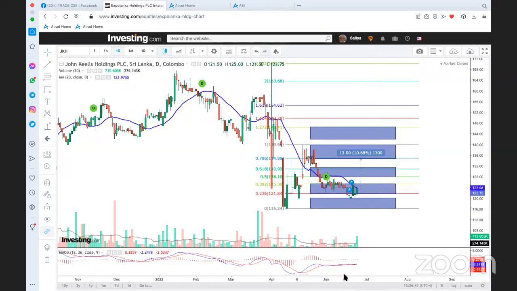And then MACD is crossing. Then let's say you want to see the price breaking above 125.50. Say you are happy to place an order at 125.50. That is how you make use of this area, right?